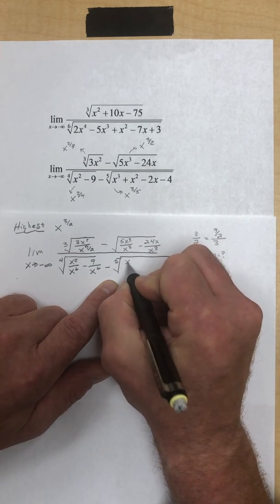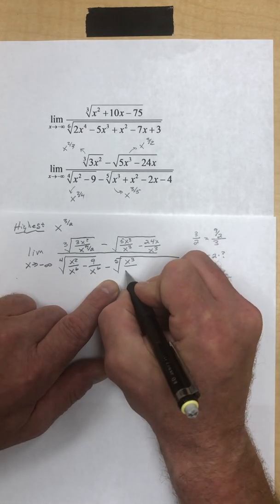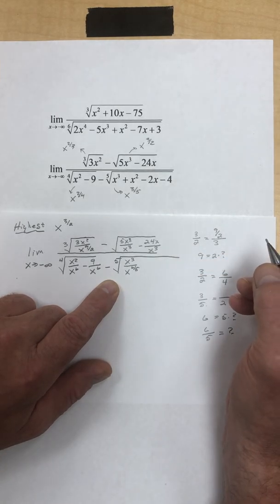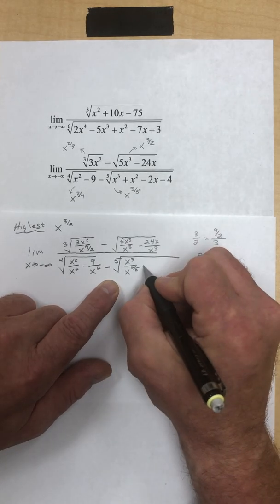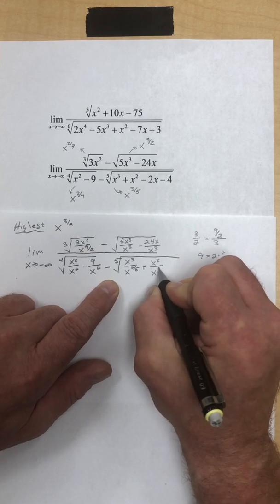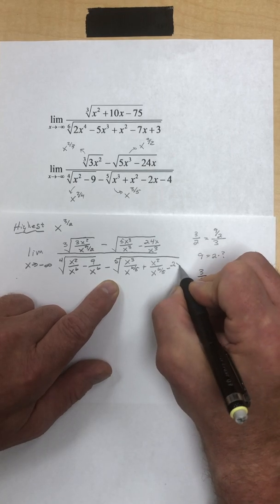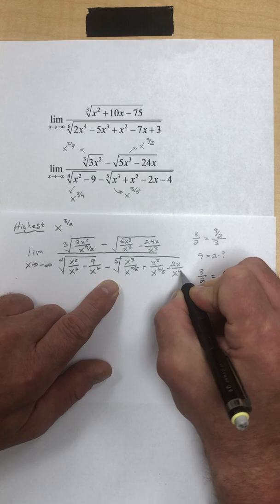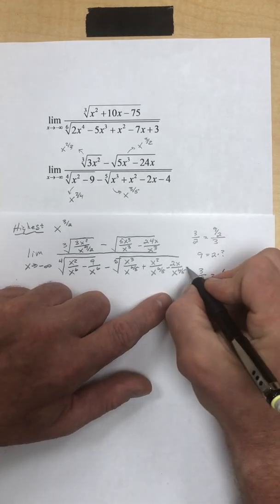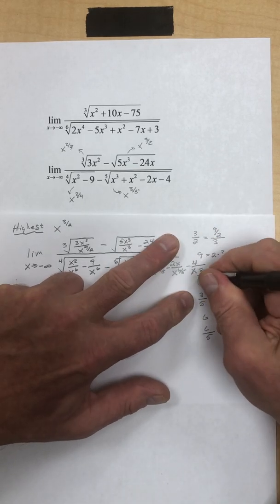So if we take x cubed divided by x to the 6/5, plus x squared divided by x to the 6/5, minus 2x divided by x to the 6/5, minus 4 divided by x to the 6/5.